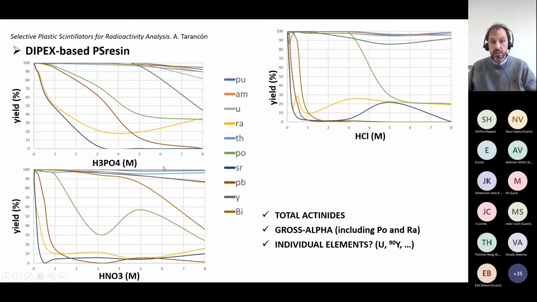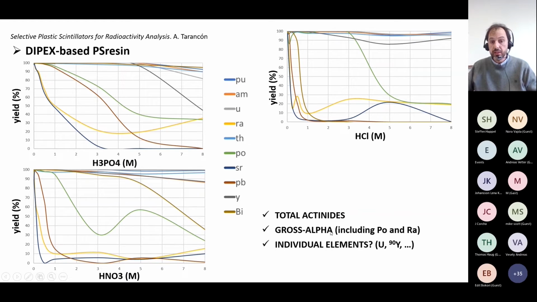We have studied the retention of different elements commonly found in samples in different media in order to define conditions in which we can increase the possibilities of use of this resin.